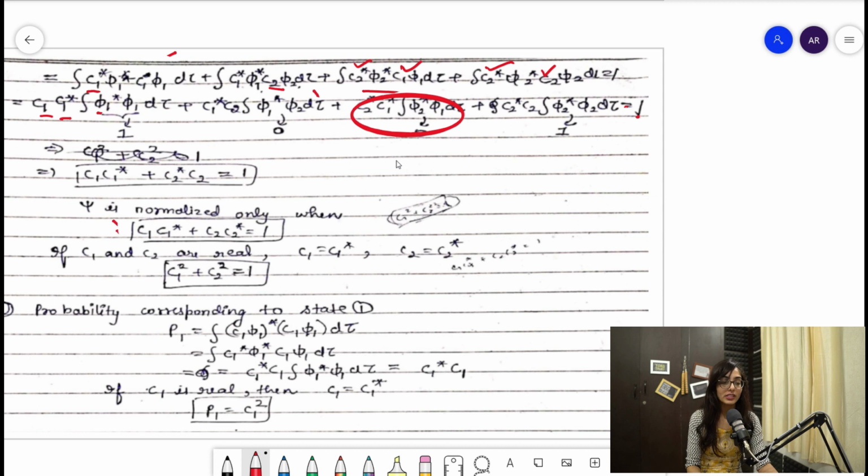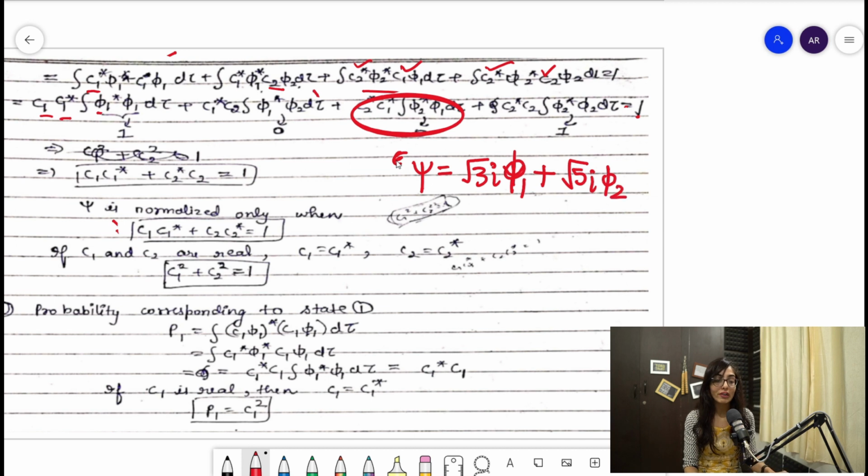Listen, suppose a wave function is given like this: root 3i and phi 1, plus root 5i and phi 2 is given. Clear? You can see that this is a wave function, but you will be thinking about what C1 is.